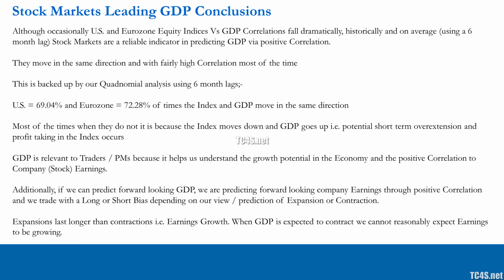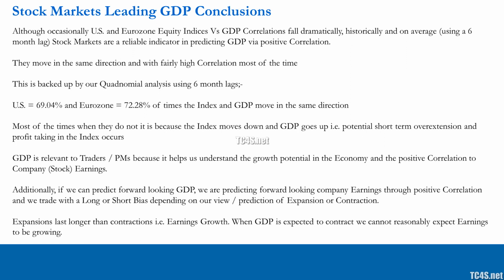If at any moment in time, we predict, for example, that GDP growth is going to contract in 6 months' time, of course, how can we reasonably expect earnings growth to be positive? We can't. So our expansions, we know, last longer than contractions at a GDP level and an earnings growth level.